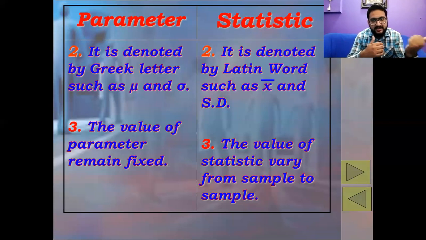If the heights in both samples are different, the average heights of the two samples are different.